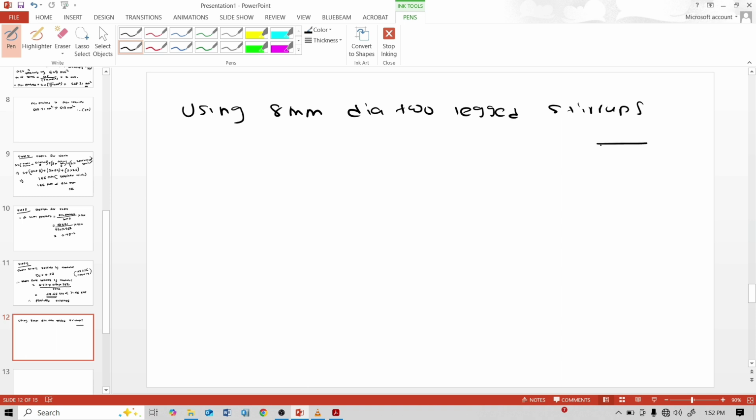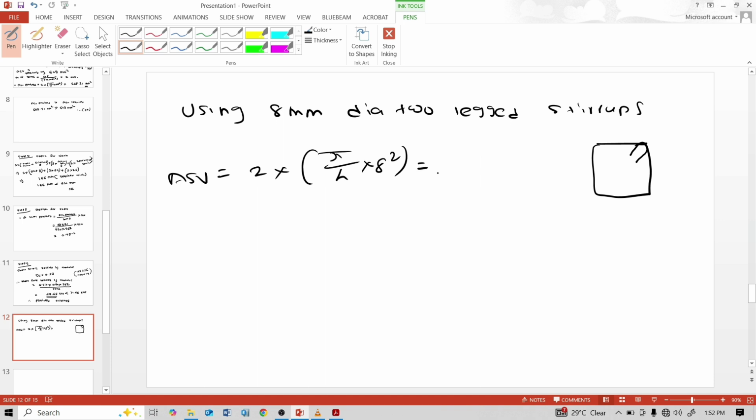This 2-leg stirrups means this is stirrups, this one leg and this 2-leg, this 2-leg stirrups. Area of stirrups is 2 into pi by 4 into 8 square, 2 into area of 8 mm diameter bar. We get value 100.53 mm square.